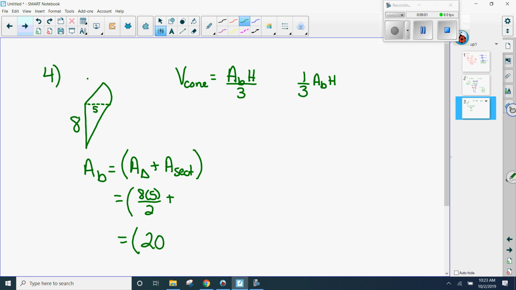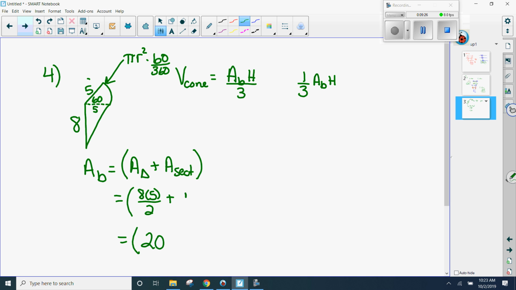It's a 60-degree sector. To find the area of a sector, you're going to take the circle and then figure out what fractional part of the circle that is. So it's 60 degrees out of 360, which is 1/6 of a circle.